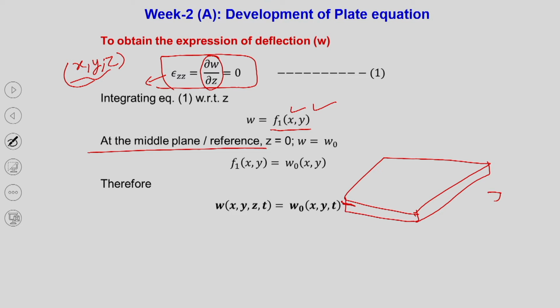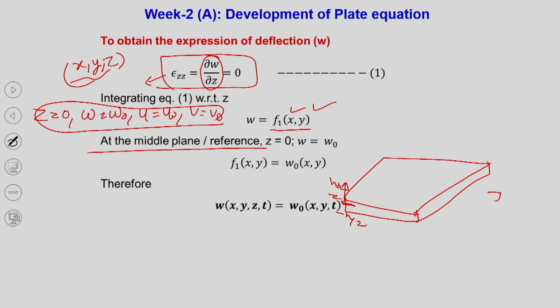Basically the coordinate of z is taken as central, from minus h by 2 to plus h by 2. So, when z is 0, w is equal to w naught, u equal to u naught and v equal to v naught. Generally this is the assumption. So, the integrating constant is nothing but w naught, which is a function of x and y, because at the mid plane z equals 0.